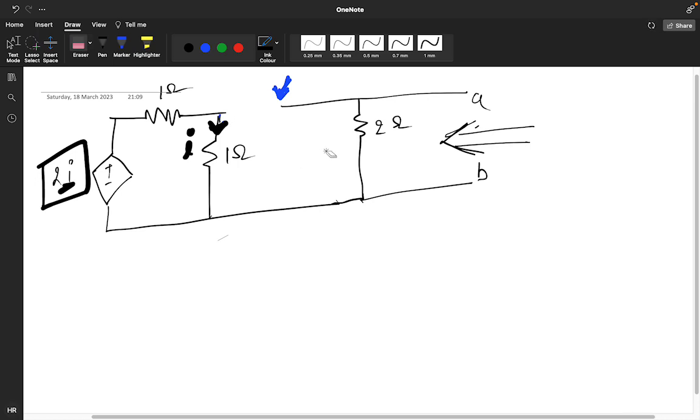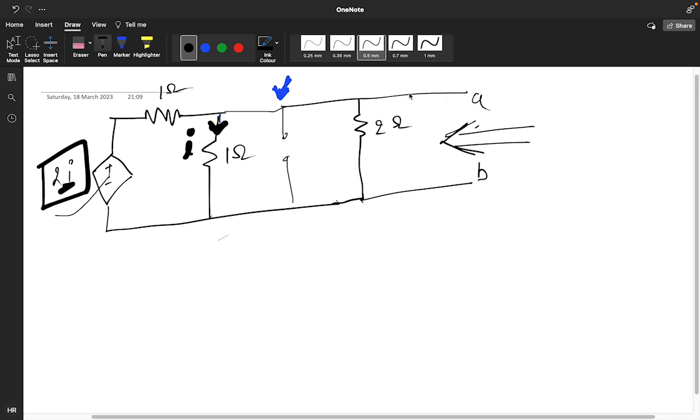That means this is the current source, so this will become open circuit. Your current source is open, but your dependent source will remain there.